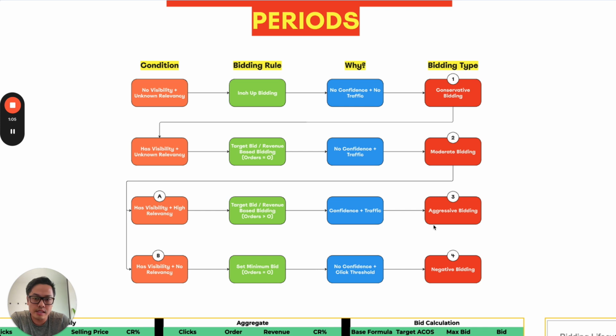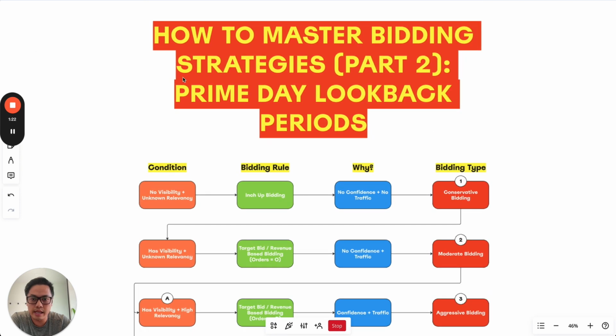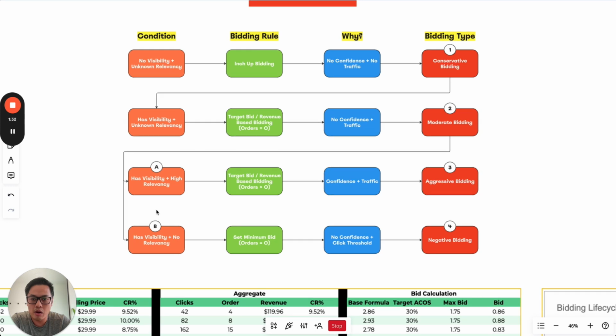So this system or this style of bidding only works if your look back periods, or the data that you're looking at, is accurate and reliable. However, on Amazon, you're constantly hit with different types of seasonality, different holidays, and all that, where we have to consider these look back periods when performing the bidding.